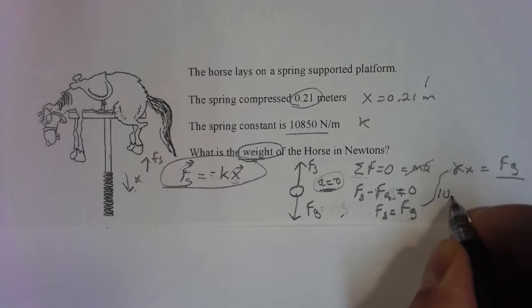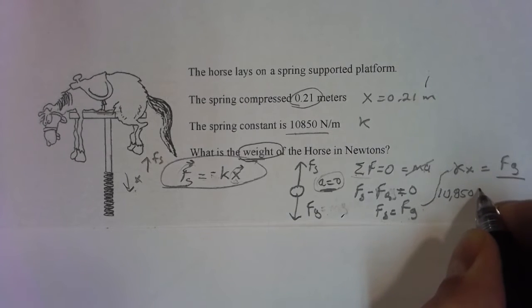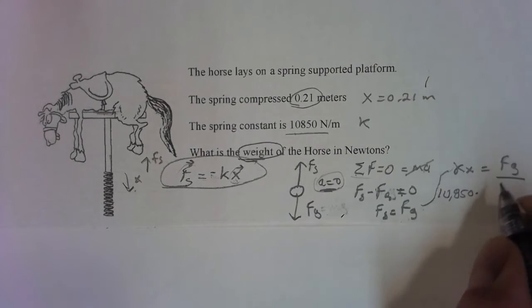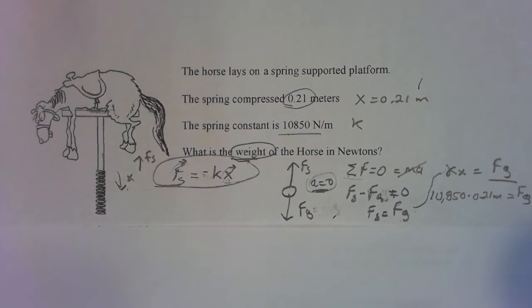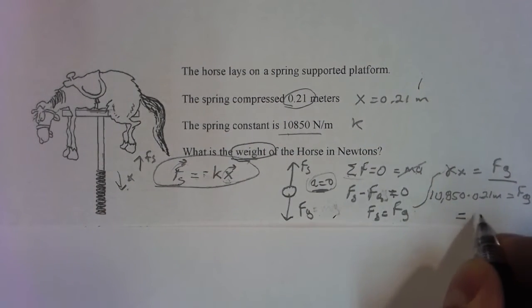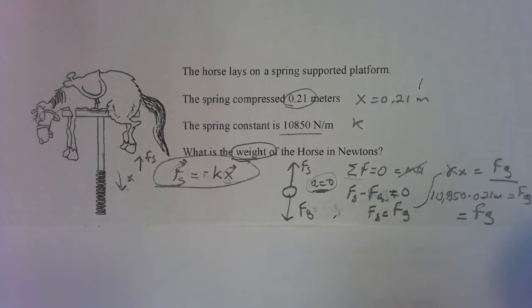I got 10,850 times x, and x is 0.21 meters. That's going to equal, running out of space, there. So that's going to multiply out, pop that in my calculator.